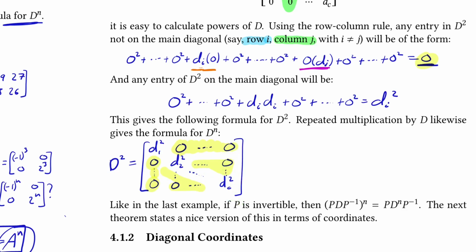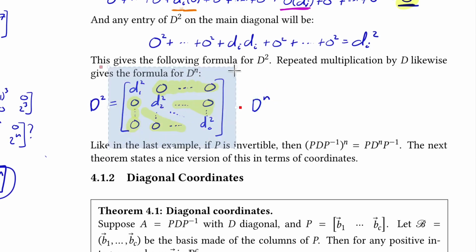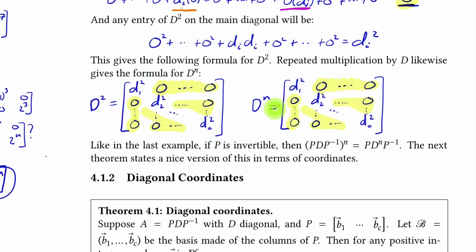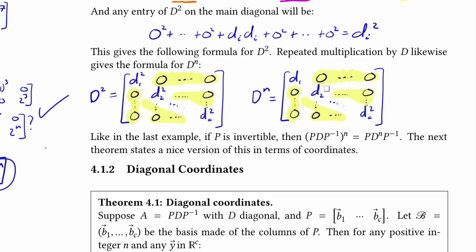And so you get this diagonal matrix. And now when you do that times d again and again, the same principle is going to apply each time. So you can just see that d to the power n is going to be basically the way we thought it would work over here. Like so.